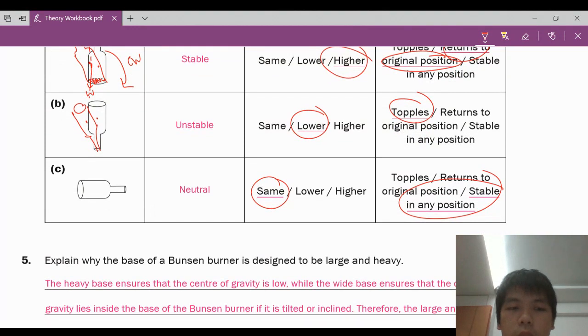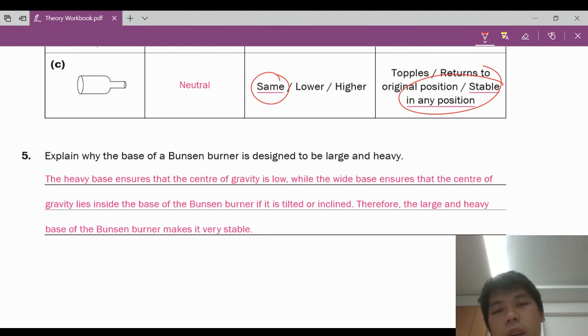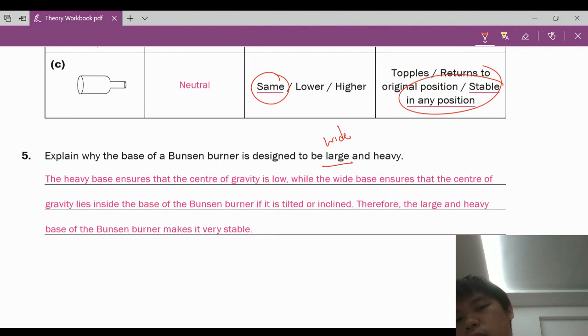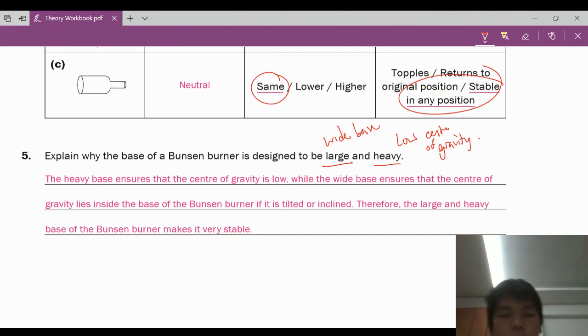Okay, last one. Explain why the base of the Bunsen burner is designed to be large and heavy. Large means there is a wide base, heavy means there is a low center of gravity. So the heavy base ensures that the center of gravity is low. The wide base ensures that the center of gravity lies within the base of the Bunsen burner if it is tilted.